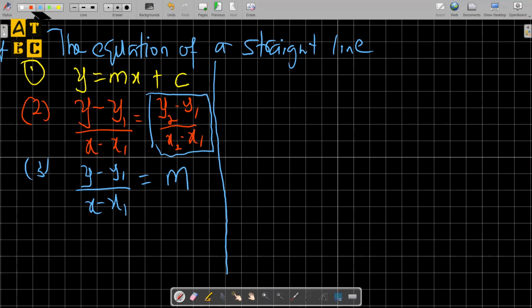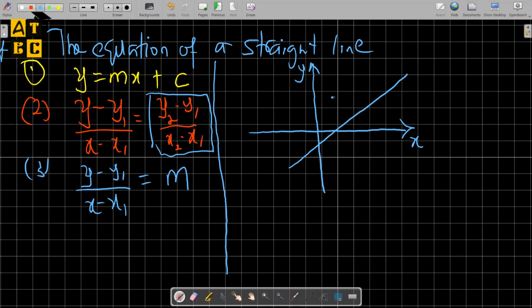Now, also, when you look at a graph, what is the nature of a line when you want to tell the gradient? Take, for example, I draw a straight line this way. This is rise over run.